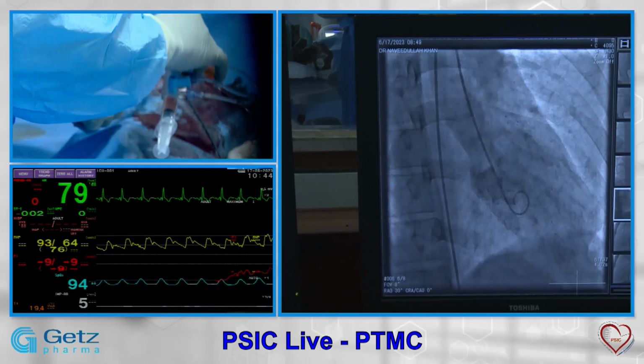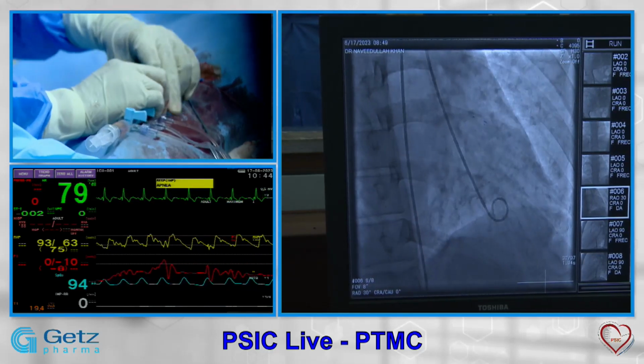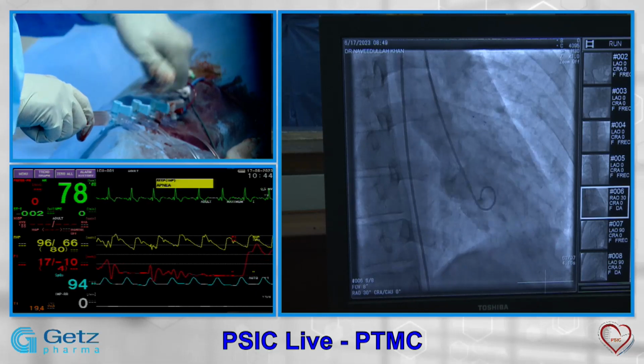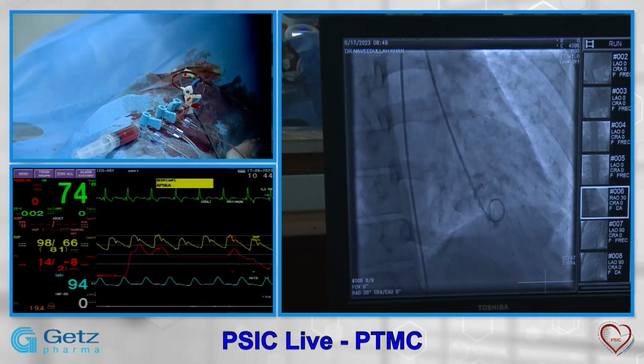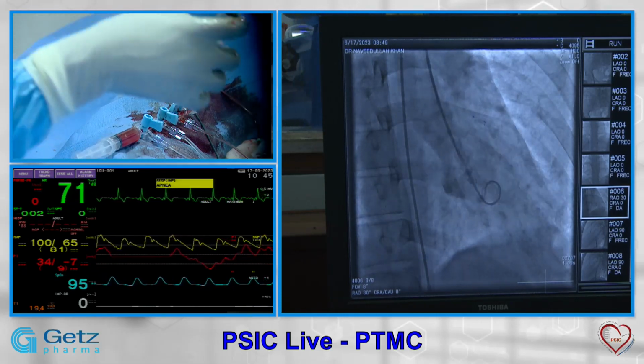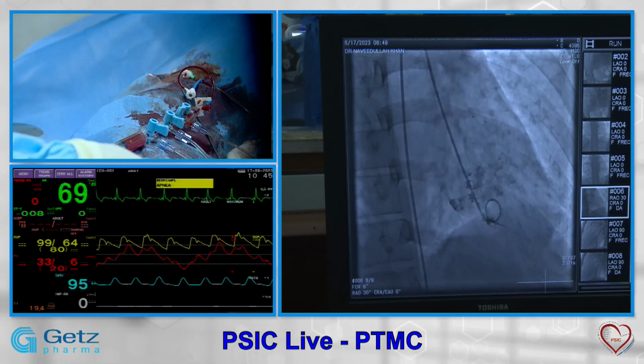Now we'll flush it and take the LA pressure. As we know, our patient has a PA pressure of 80-90. Prior to puncturing, we also did the LV angiogram that showed no evidence of any MR. Heparin 3000 given.